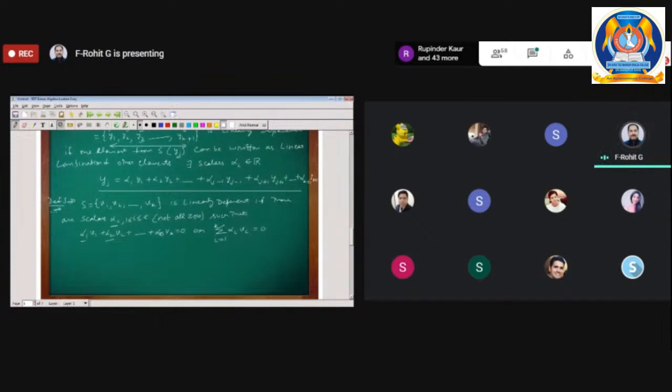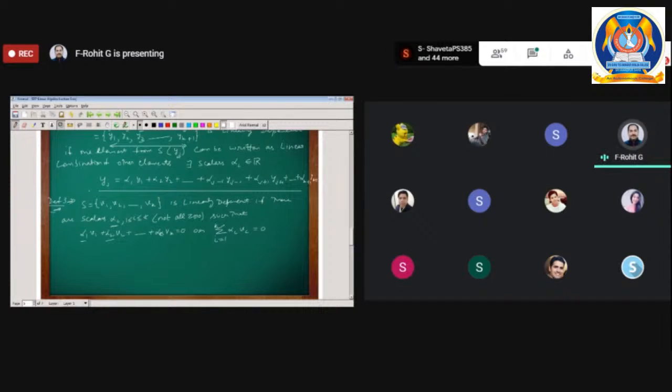Suppose I talk about definition number 3 and go to definition number 2. But before that, see definition number 3 first, for 1 minute or 30 seconds. I am repeating again: a set S is linearly dependent if there are scalars alpha i, not all 0. That means there exists some scalar which is not 0, but the linear combination of the elements comes out to be 0.